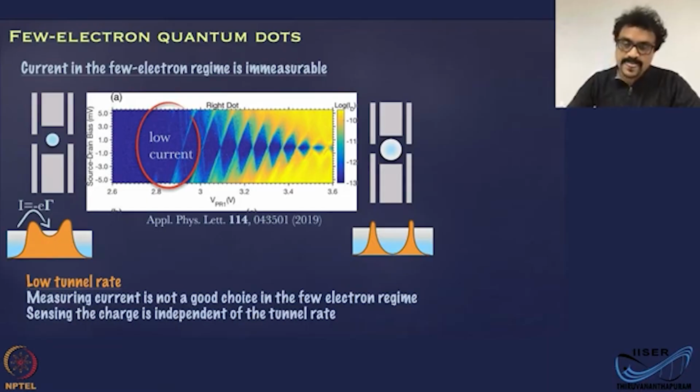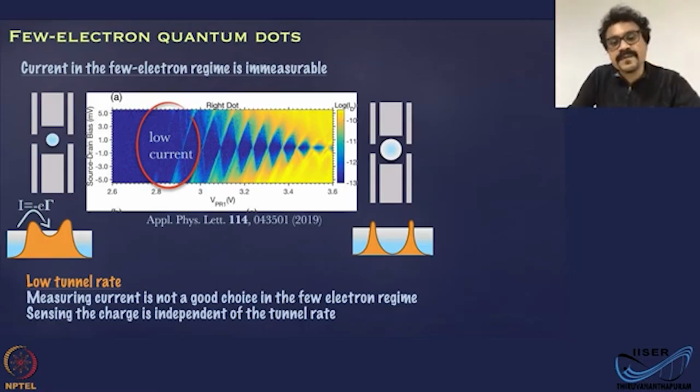Just to represent it diagrammatically, when you start, the dot is comparatively larger in size, and towards the left, as you reduce the gate voltage, you will increase the Coulomb diamond or reduce the dot size, reduce the number of electrons, and eventually the dot will be really, really small. And the assumption is you will empty the dot.